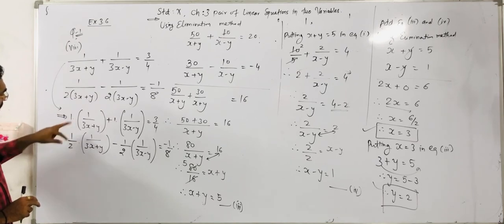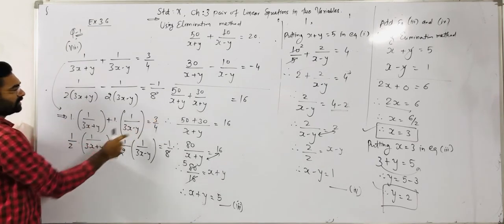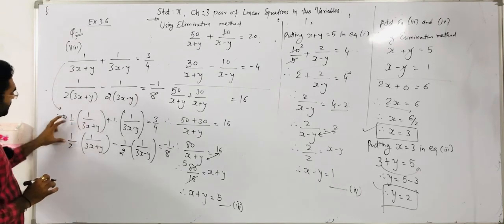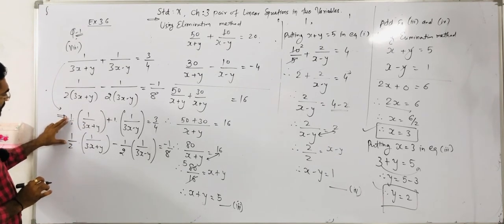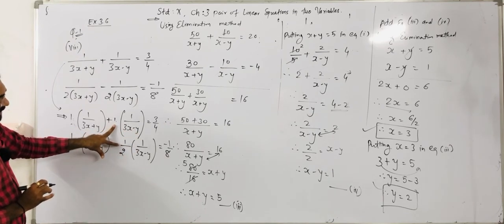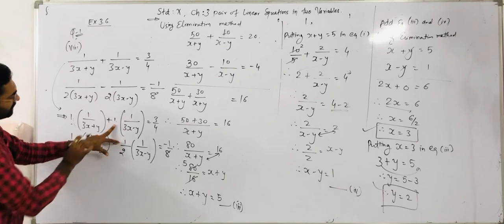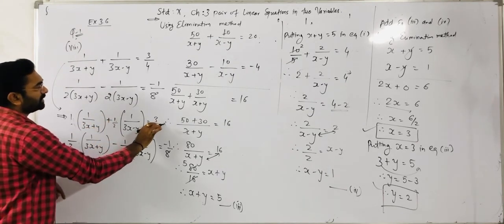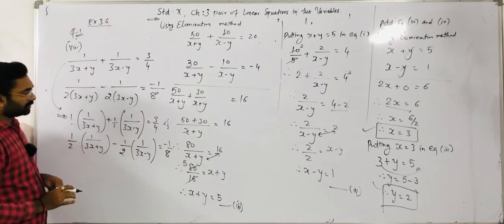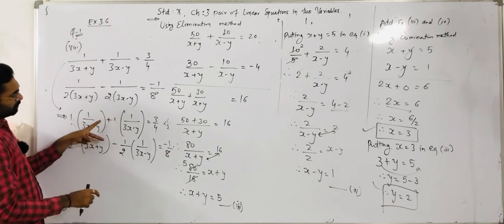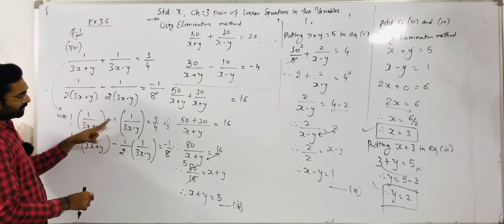What we require is to multiply that equation by 1 by 2, then we get 1 by 2 and 1 by 2 here. As I told you, for the denominator we require 2, so that equation we need to multiply by 1 by 2. Then we get 1 by 2 as a coefficient, and both signs are different, so we have to add them.